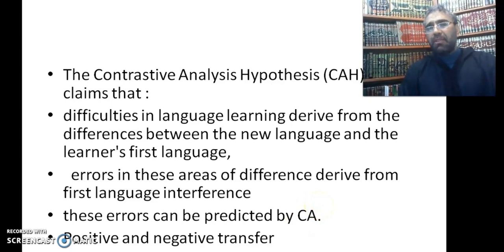Another example of negative transfer: if a French speaker, somebody whose mother tongue is French, is learning English. In French we say attendre, and attendre means to wait for, but in English attend means to be present. Now, this French speaker, when learning English, will be transferring the meaning of attendre into English.